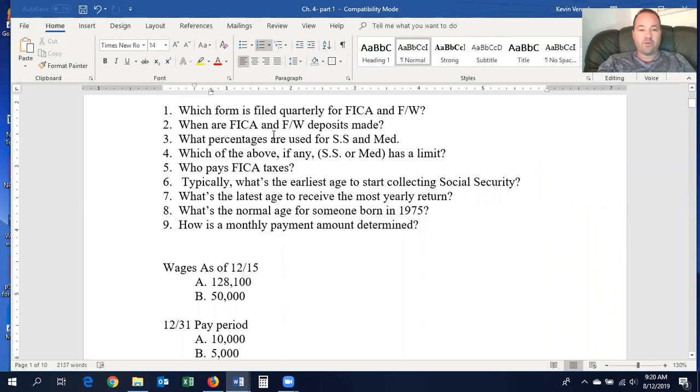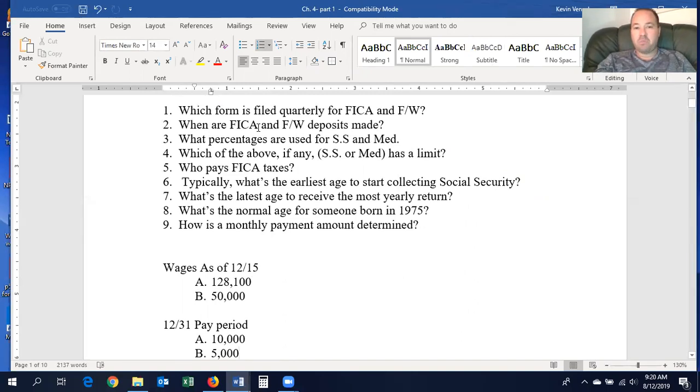All right, so from review from last week, which form is filed quarterly for the FICA and federal withholdings? You should have had Form 941. And when are the FICA and federal withholding deposits made? Remember, there are different times, but there are two that are the most common.